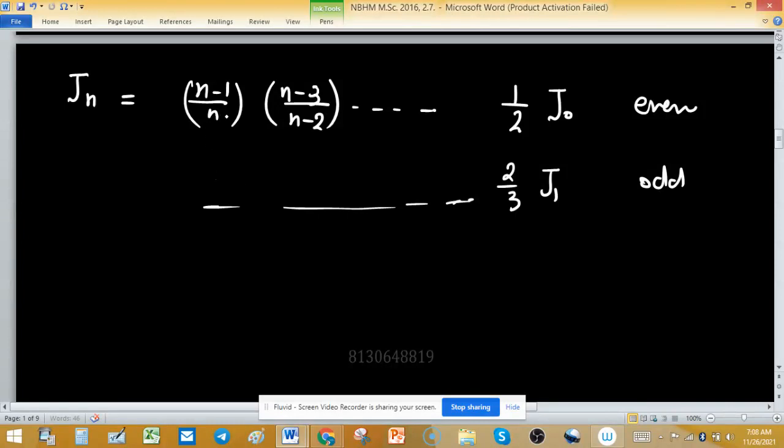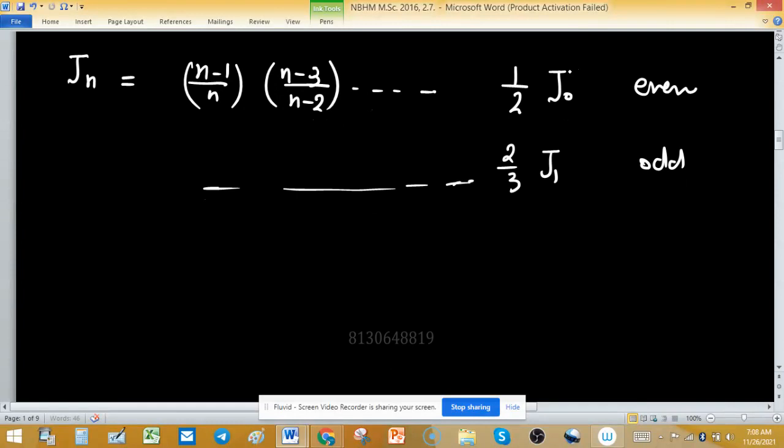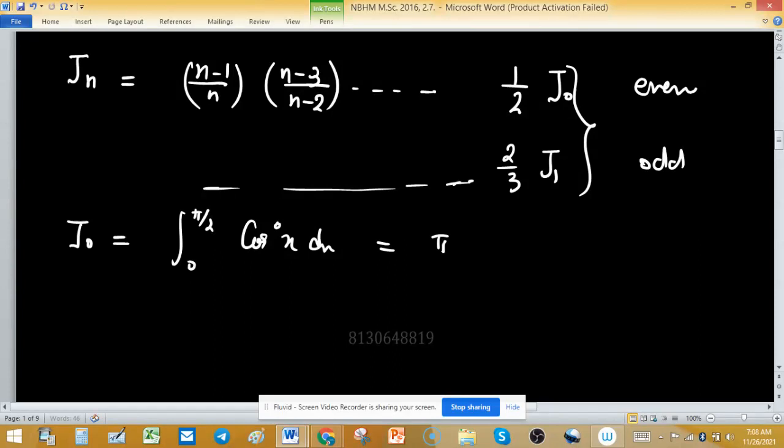So finally you can observe that at this stage our result depends only on J0 and J1, whether they are rational or irrational. So first evaluate J0. J0 is the integral from 0 to pi by 2 of cos^0 x dx, and this value is equal to pi by 2.